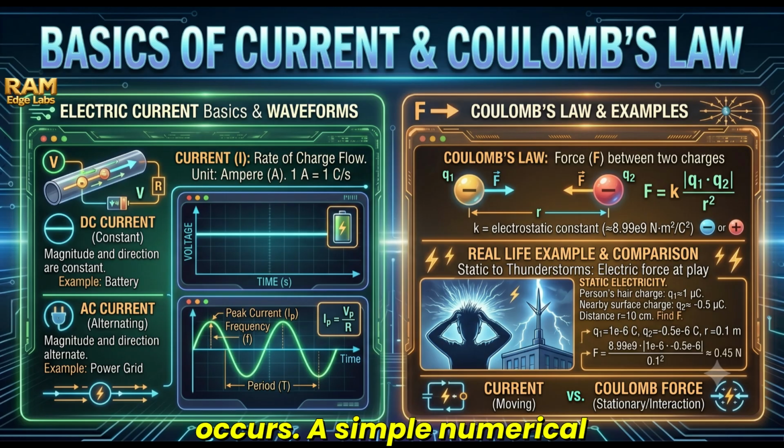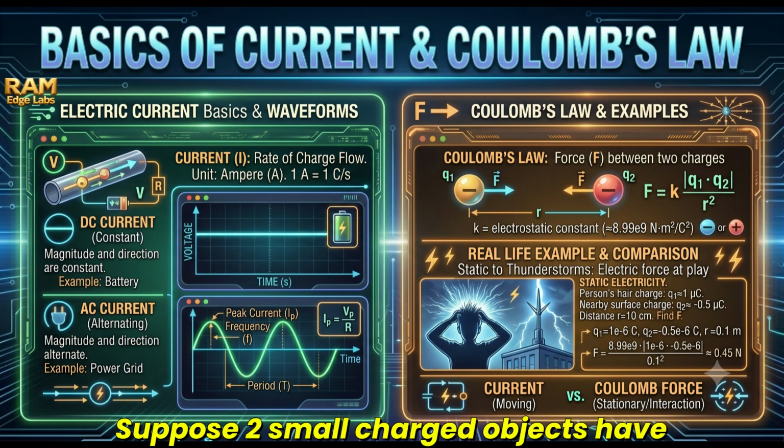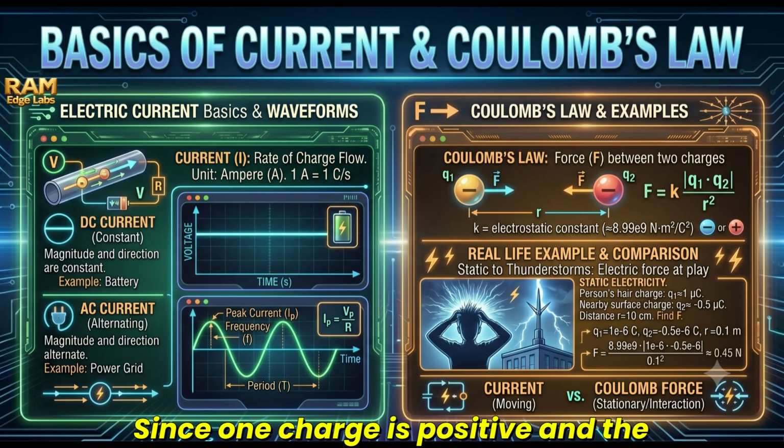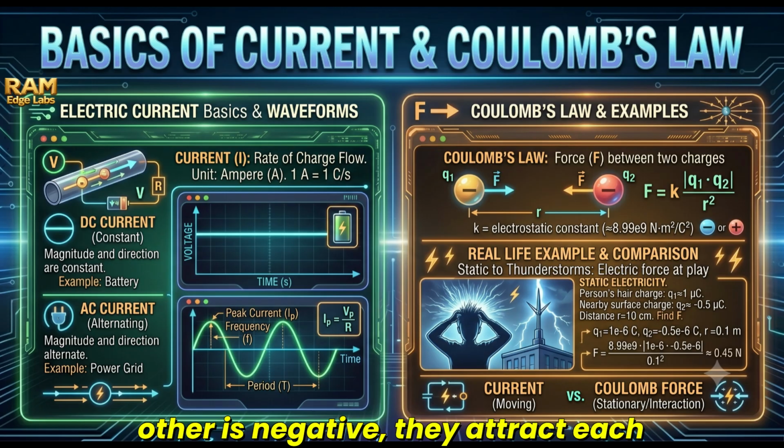A simple numerical example helps explain Coulomb's law. Suppose two small charged objects have charges of +2 microcoulombs, μC, and −3 microcoulombs, μC, and they are placed 0.5 meters apart. Since one charge is positive and the other is negative, they attract each other.